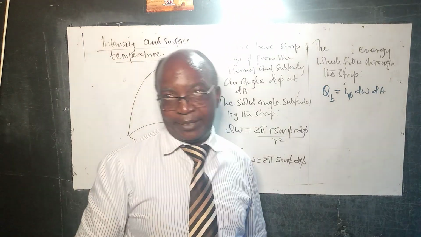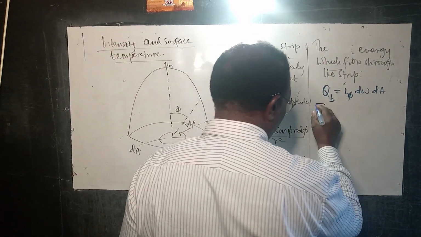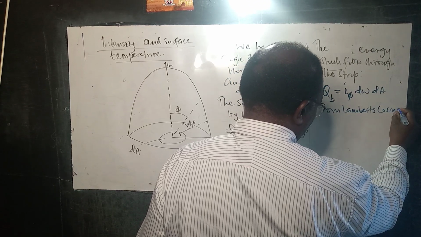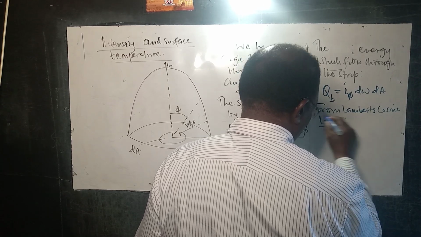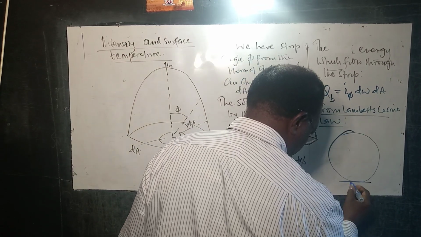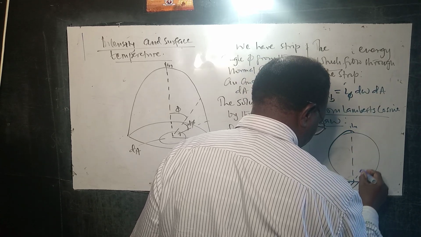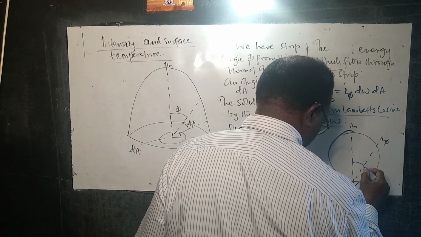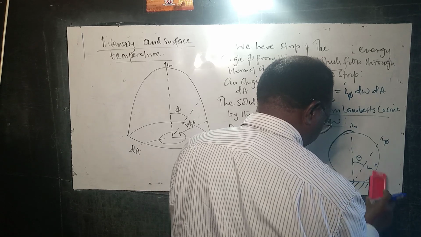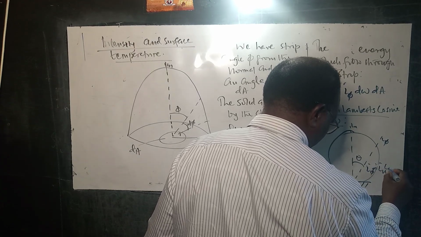And we know from Lambert's cosine law, remember we had this in polar coordinates, I phi is equal to In cosine phi.